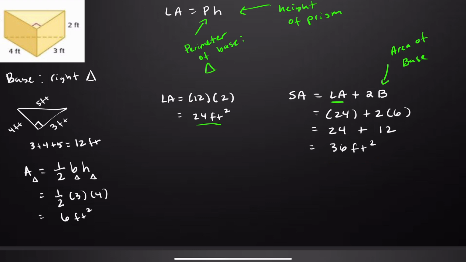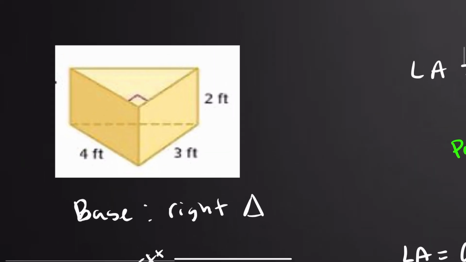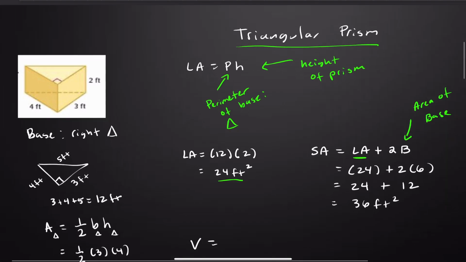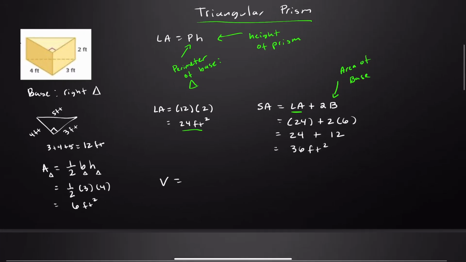So 36 feet squared. And now to find the volume, and basically what volume is, okay, so I have this prism. How much space do I have if I pour water inside of this prism? Okay, that's what volume is, or an example of volume. And to figure out the volume of this prism, we use this formula.